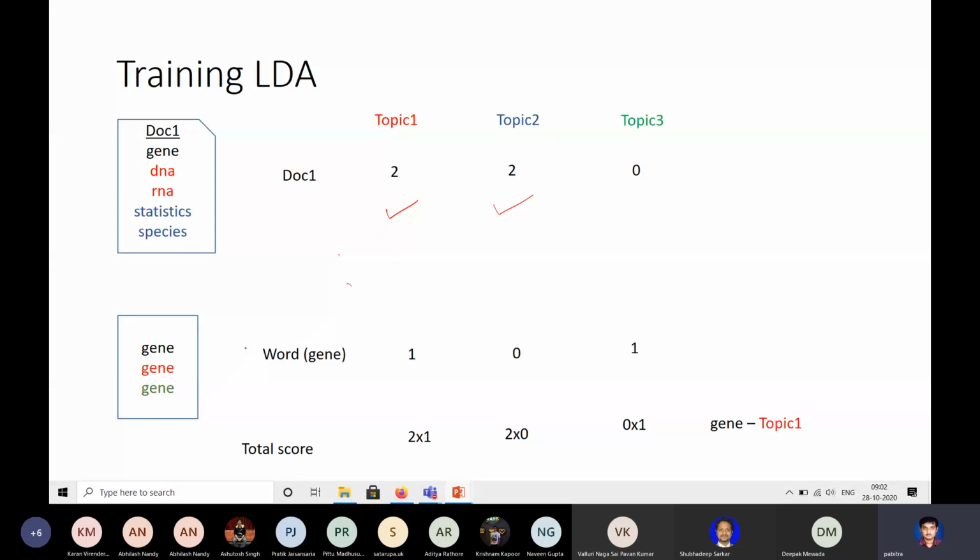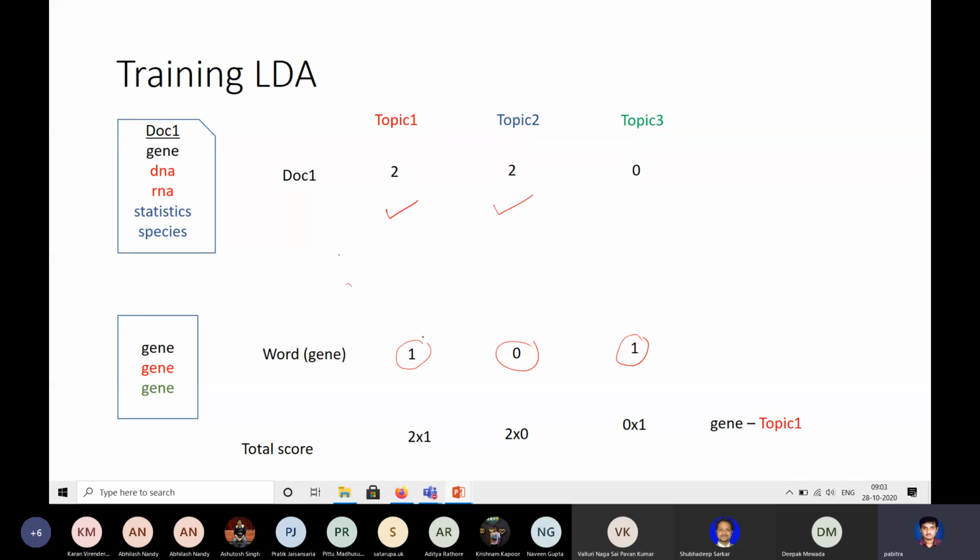Now for this word, there is one from topic red, 0 from topic blue, and 1 from topic green. So maybe if it is a tie between red and blue, red wins the tie, because red is the majority here.